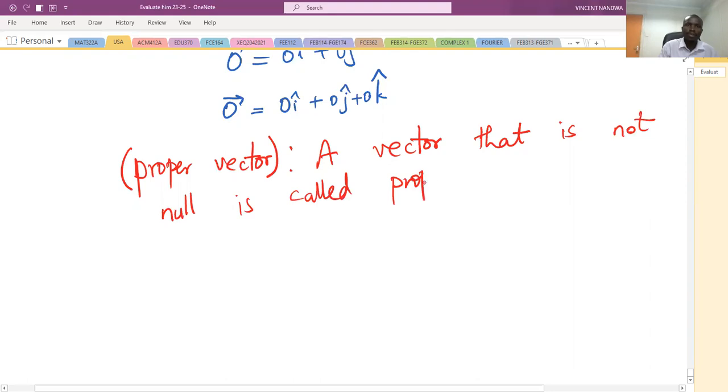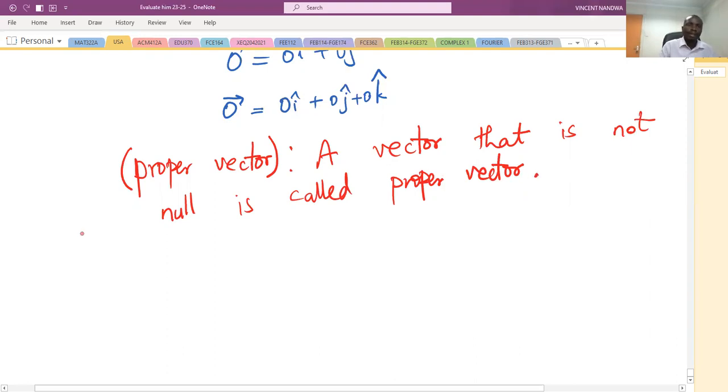That simply means a vector whose magnitude is not 0 and has a specified direction is called a proper vector.